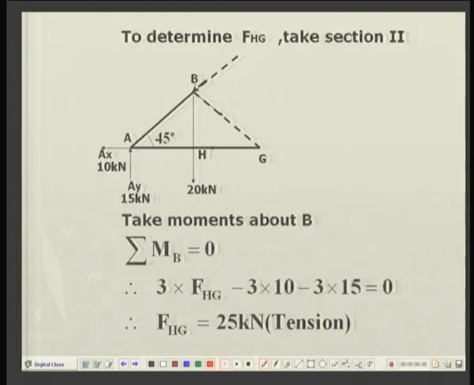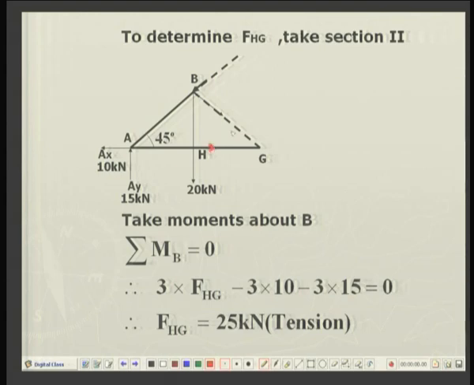So, again you can take moments about point B, right, because at point B the two unknown members are passing through, they will have 0 moment. Only the member in which we are interested in finding out the force, that will be there.